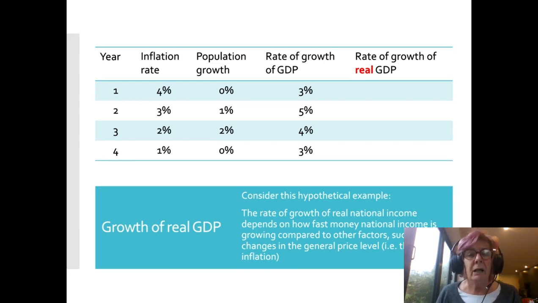So we have here a hypothetical example of an economy operating over a 4-year period. And we can see we've got information about the inflation rate, the population, and the rate of growth of GDP. So when we look at this, first of all, it looks as though GDP in this economy has grown by 3% in the first year, but 5% in the second year, and so on.